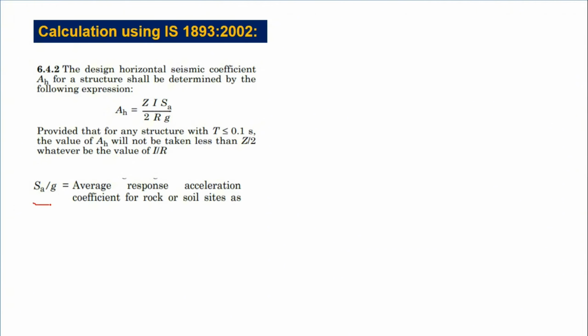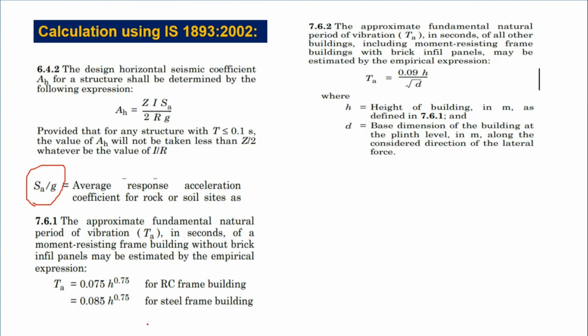Mostly this factor is used to account for nonlinearity of the structures. The value of the spectral acceleration coefficient can be found by using the graph given in the IS code, and before that we have to find the time period of the building by using this expression. By using one of the expressions based on what type of building we are dealing with, we can find out the time period of the building.